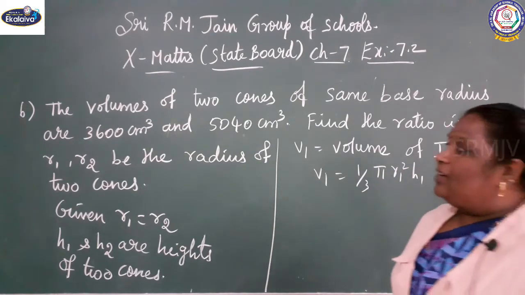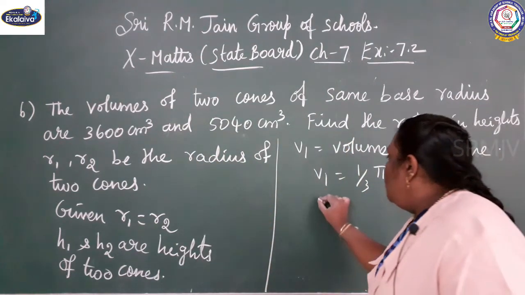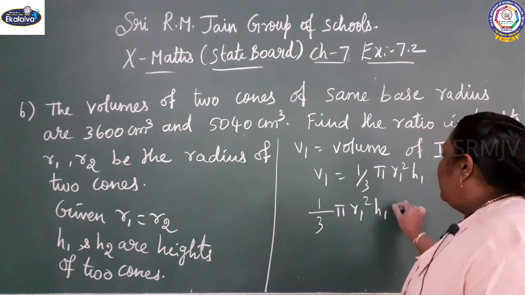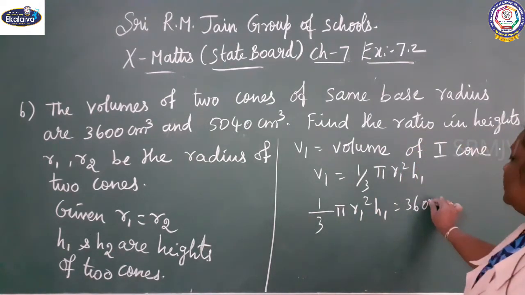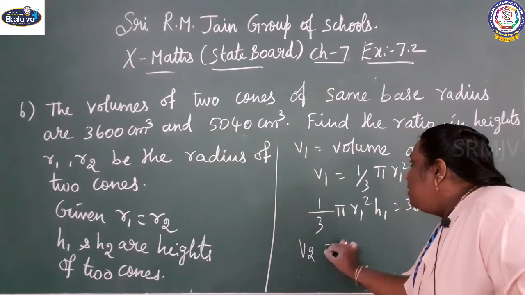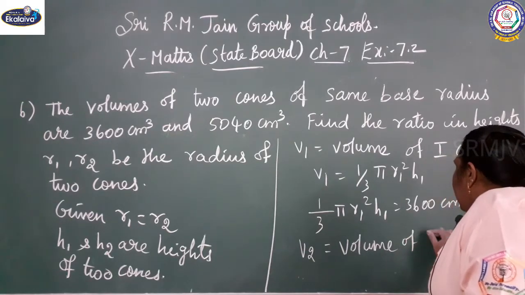But the value is given in the question itself. The volume is 3600, so 1 by 3 pi r1 square h1 equal to 3600 centimeter cube. Next, take V2 equal to the volume of the second cone.